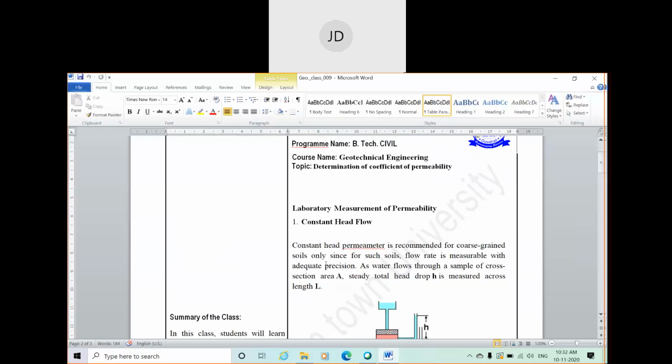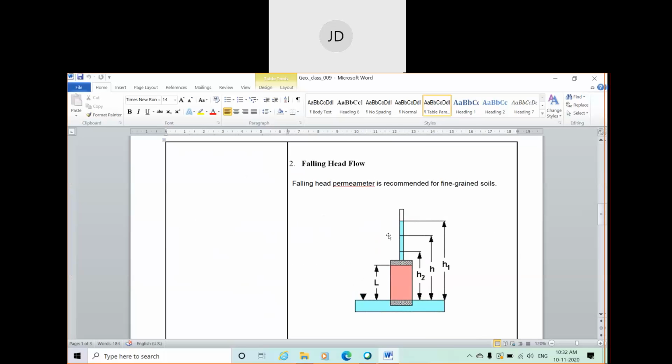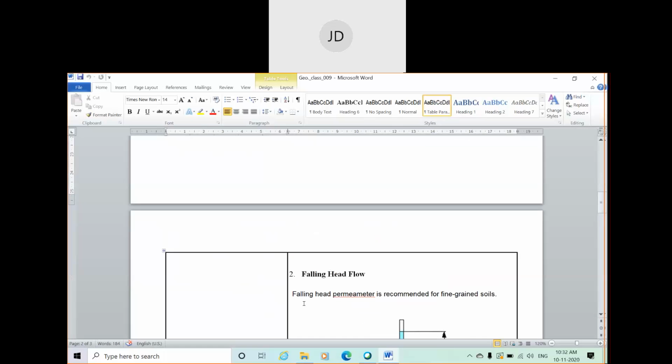In general, the constant head permeability test is used to find the coefficient of permeability for coarse grained soil, and the falling head permeability test is used for fine grained soil. Falling head permeameter is recommended for fine grained soil.